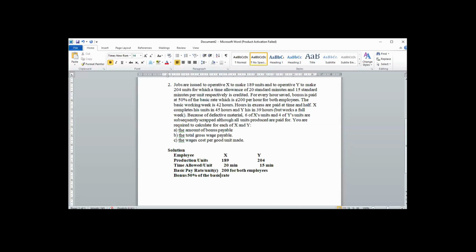Is that not so? Yes, sir. The entity allows them to work for how many weeks? 42 hours.